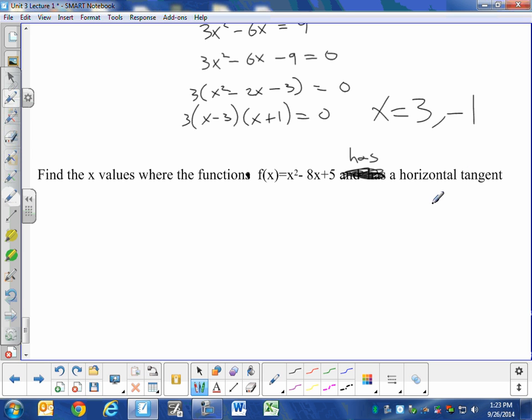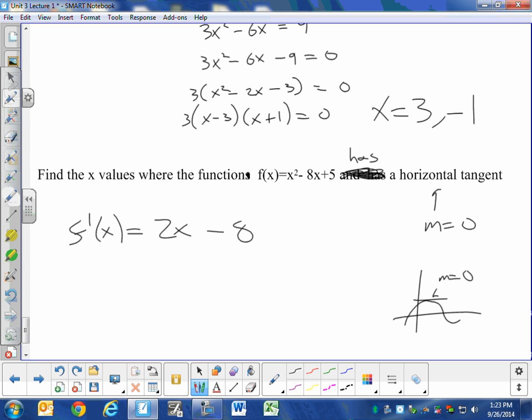Perfect. A horizontal tangent line, like something like that, horizontal, slope is 0. All we need to do is figure out where the tangent slope equals 0. Find the derivative. That's my slope generator. Set it equal to 0.